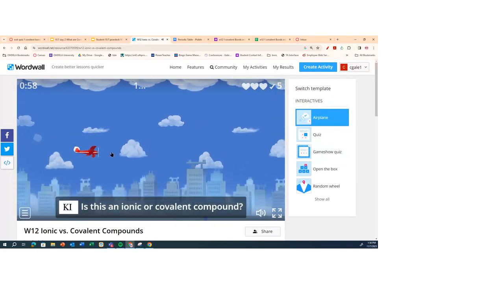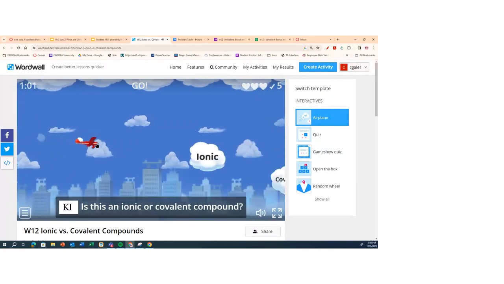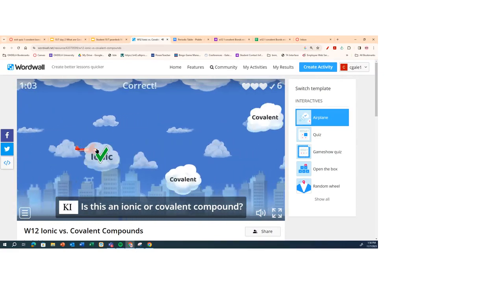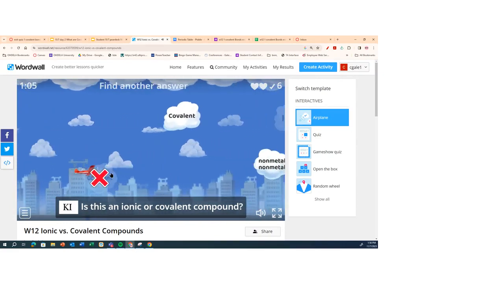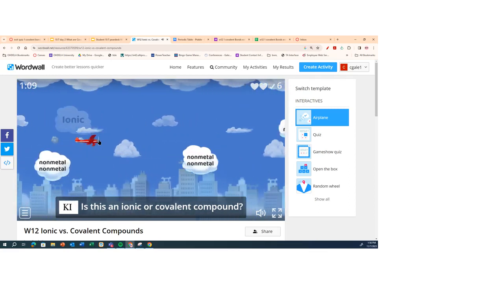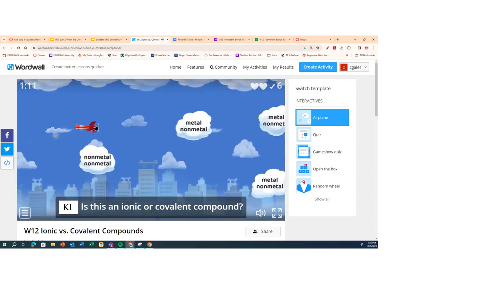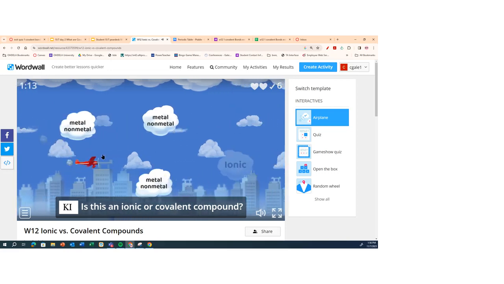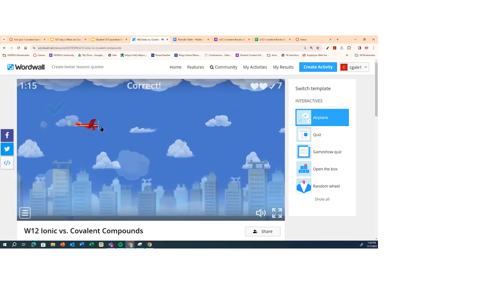Next one, K and I. Potassium is a metal, so it is ionic. If I hit this, bang, oh, I get 3 tries, right? It's also a metal and a non-metal. So if I hit metal and non-metal, good job, I got it.